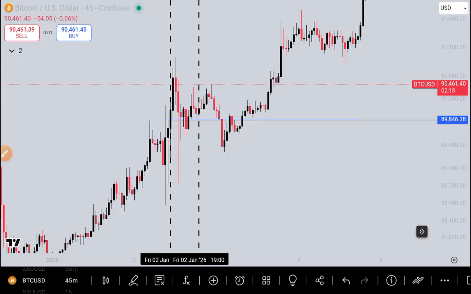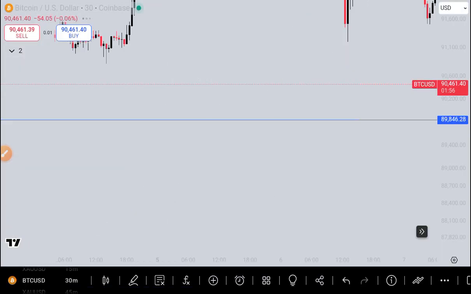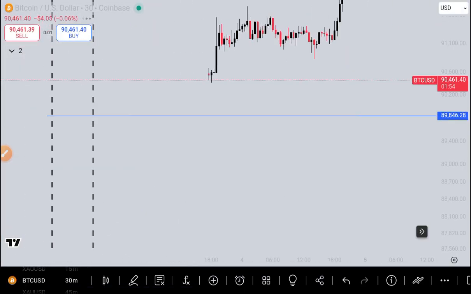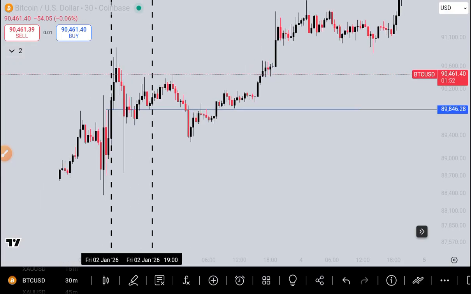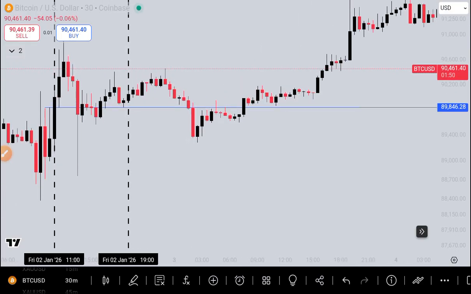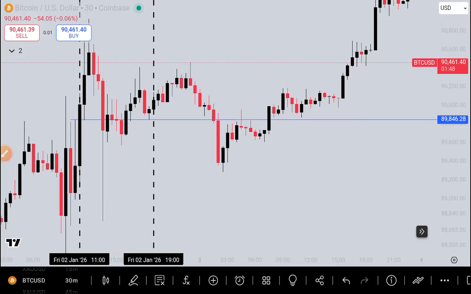Understand the direction so that you know in what direction you're looking for the setup. The second one is finding the POI using volume, and the third one is finding a proper entry using CRT. So I could use 30 minutes. Good. 30 minutes gives us the proper CRT.